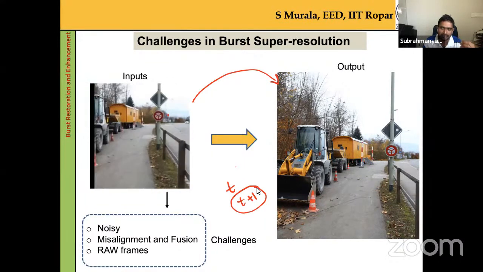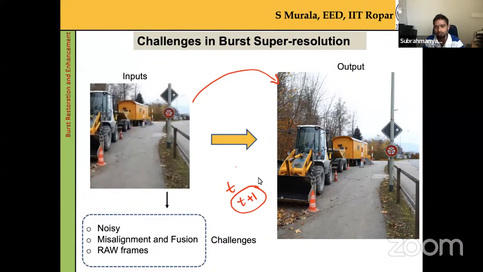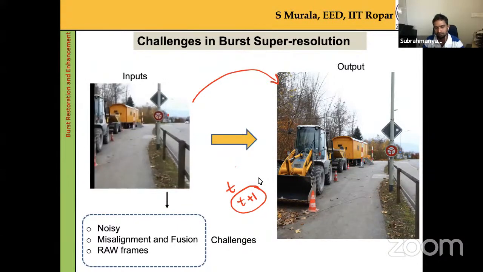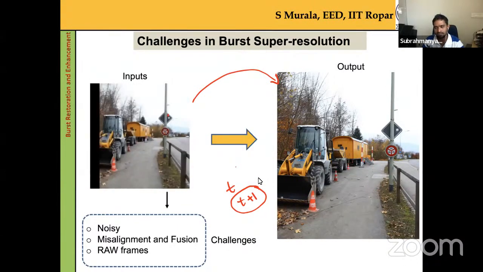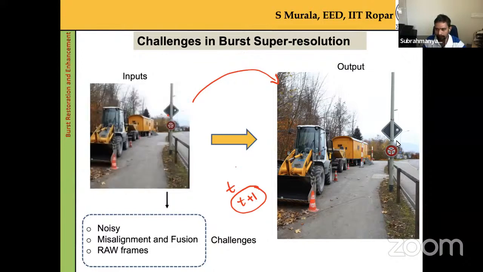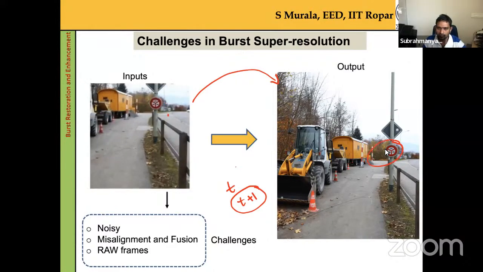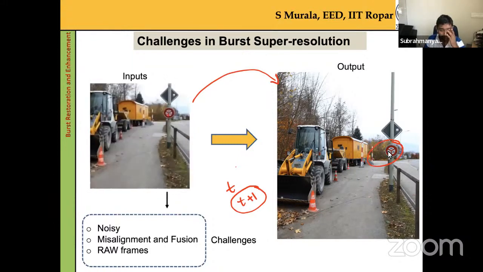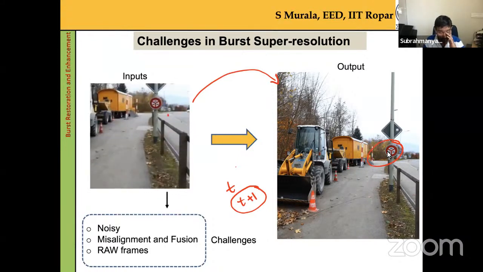So if we utilize a deep learning algorithm and mix those 2-3 images which are collected at different spatial locations, we are able to get the high resolution image. So this is the main motivation of developing high resolution image generation or burst super resolution.